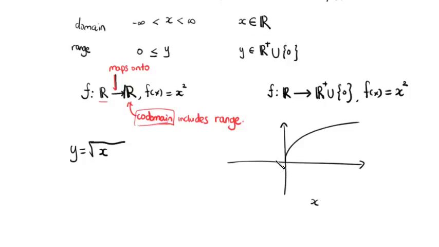You can see that x does not exist on the negative side. x has to be either 0 or positive. Inside of the root, you can never plug in a negative number. So that's why it does not exist on the negative side. But x can be 0 because root of 0 exists. So root of 0 is 0.